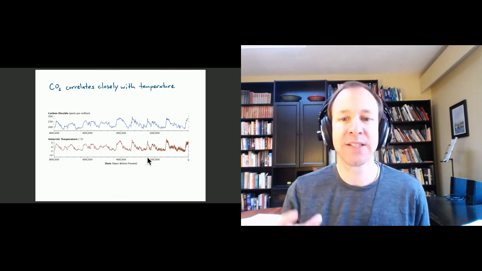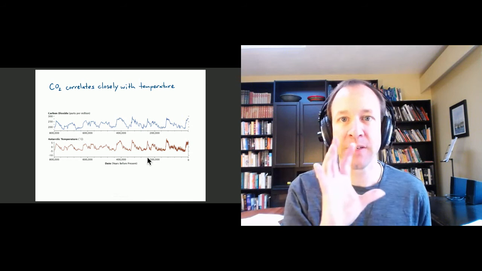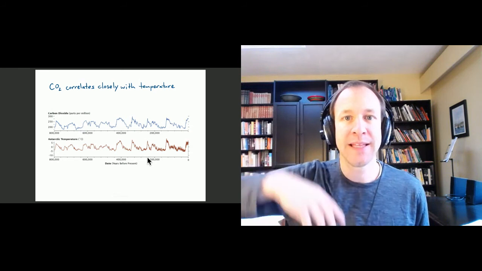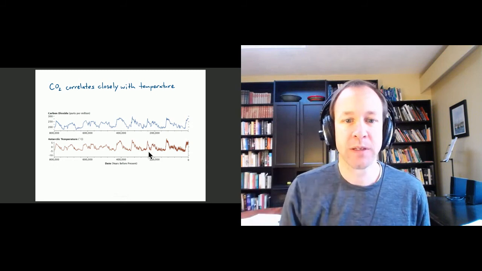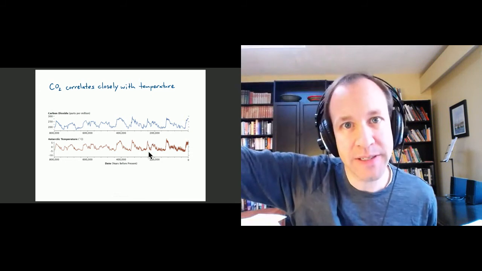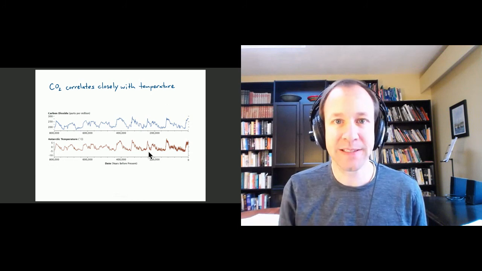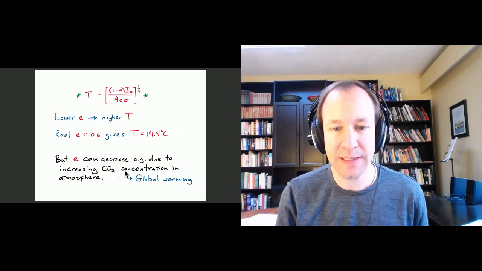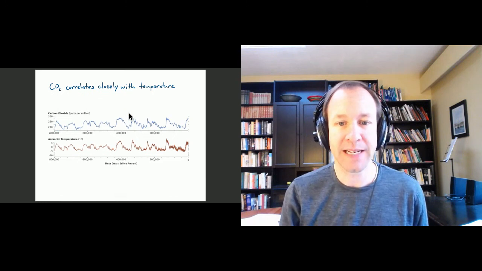Okay, and so the reasonable explanation of this, based on our understanding today, is that as carbon dioxide increased, that decreased the emissivity and that increased the temperature. So just looking at the data, all we can say is that there's a correlation, not that the increase in carbon dioxide increased the temperature, but based on our understanding of the physics of the problem today, that is exactly what the physics predicts, that increasing the carbon dioxide concentration would be responsible for that increase in temperature.